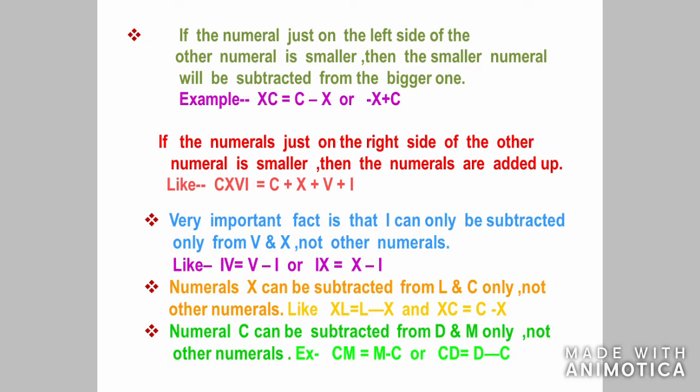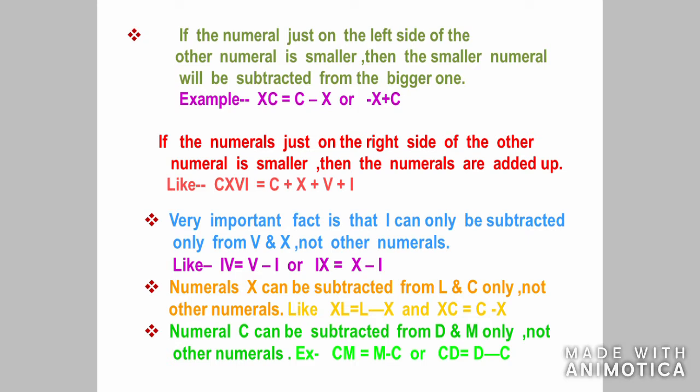Like here CXVI. Here X is smaller than C, V is smaller than X, I is smaller than V. And that's why it will add up only. CXVI is equal to C plus X plus V plus I.